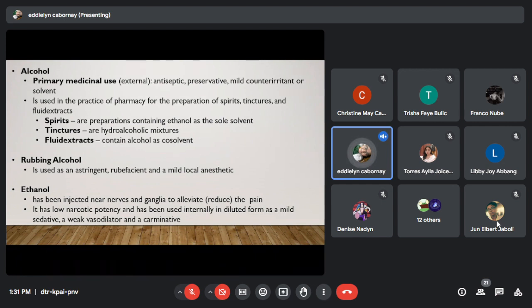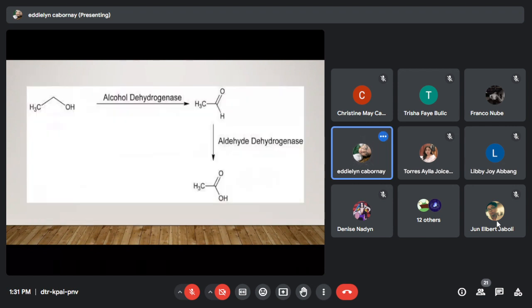Okay, so ethanol has been injected near nerves and ganglia to alleviate or reduce pain. It has low narcotic potency and has been used internally in dilute form as a mild sedative, a weak vasodilator, and a carminative.